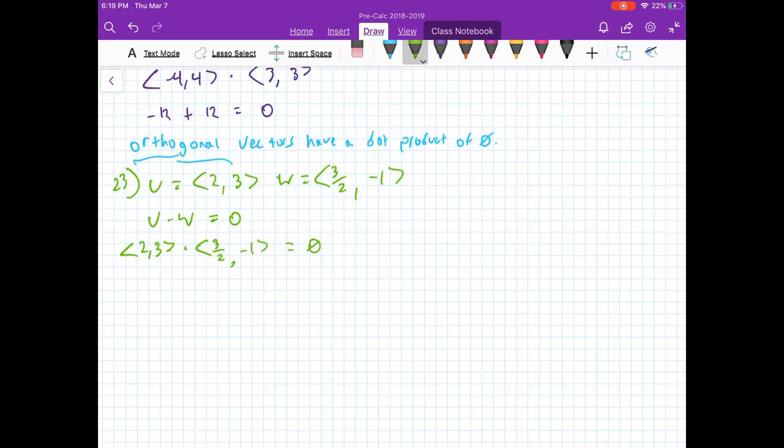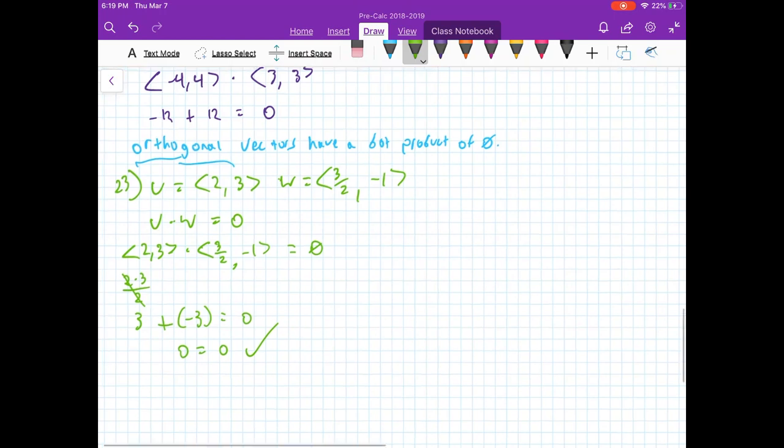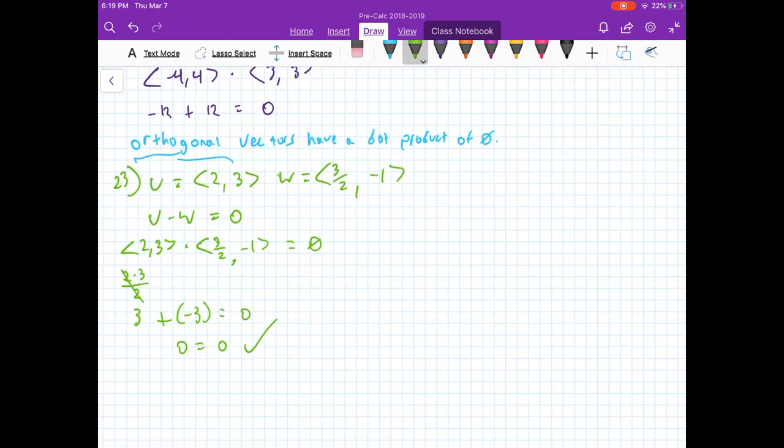We multiply the x's together: 2 times 3 over 2, those cancel out, so we get 3, plus 3 times negative 1, which is negative 3, equals 0. That cancels out to 0 equals 0. So that's good. We have a solid proof that these are orthogonal vectors. Excellent. That's really all orthogonal vectors are.